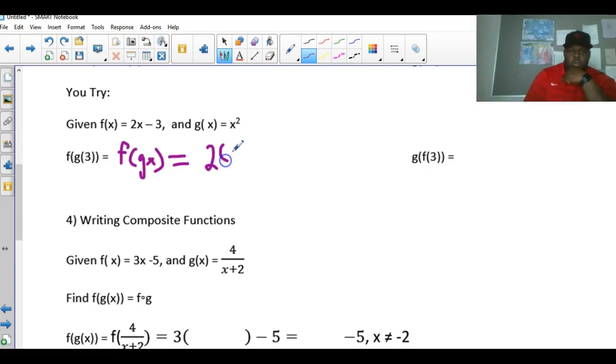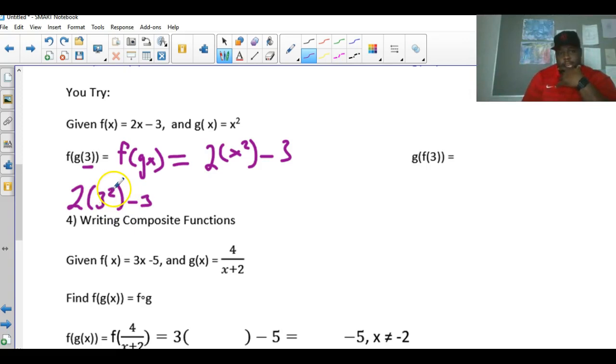So 2x squared minus 3, right? Well, what's the number we're evaluating for? It's 3. So that gives you 2 times 3 squared minus 3. What's 3 squared? 9. So 2 times 9 is 18, and 18 minus 3 is 15.